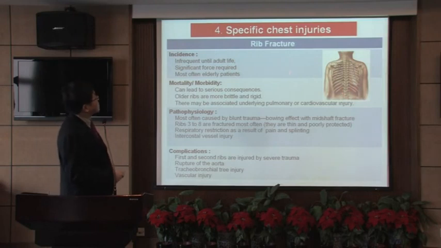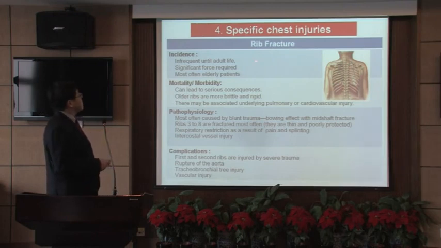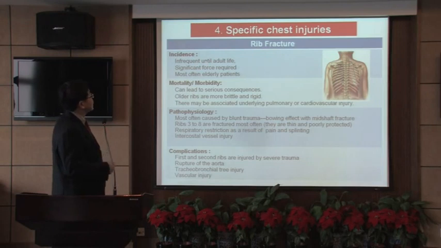Then we talk about some specific chest injuries. The most common is the rib fracture. When an emergency doctor meets a patient, the most important point of the treatment management is that we should know about rib fracture. The incidence of rib fracture is infrequent until adult life, so it is more important in the elderly.